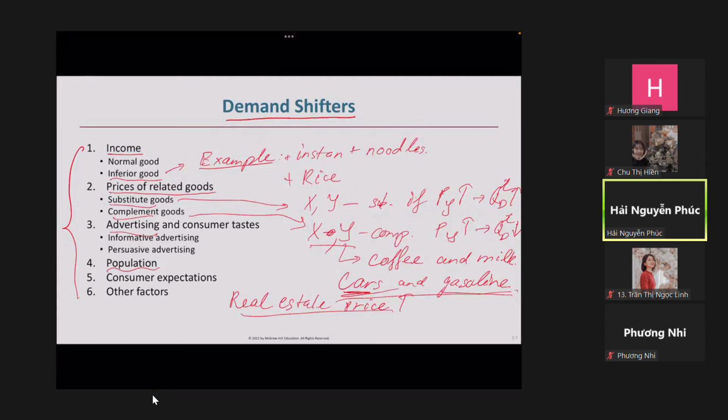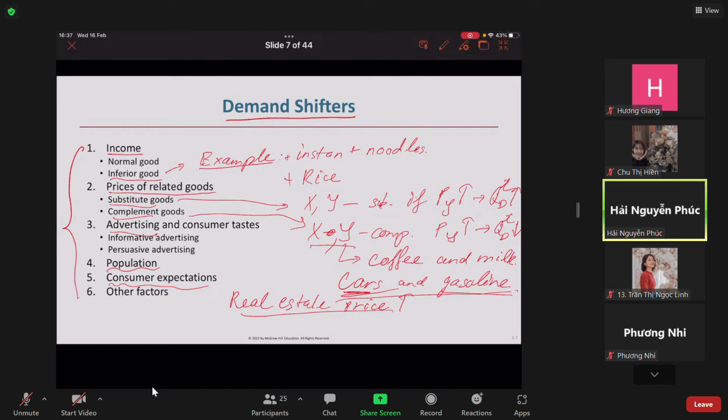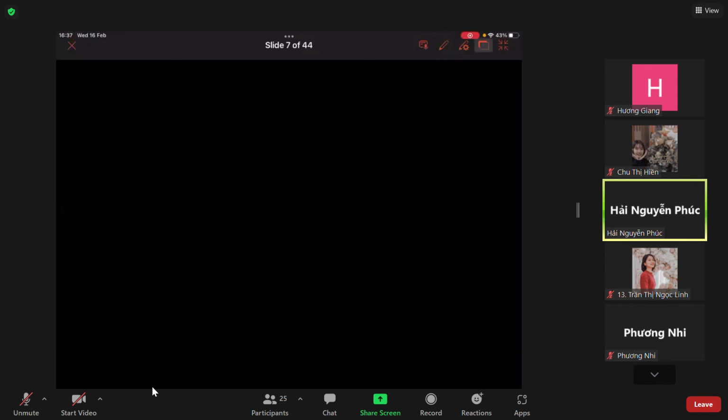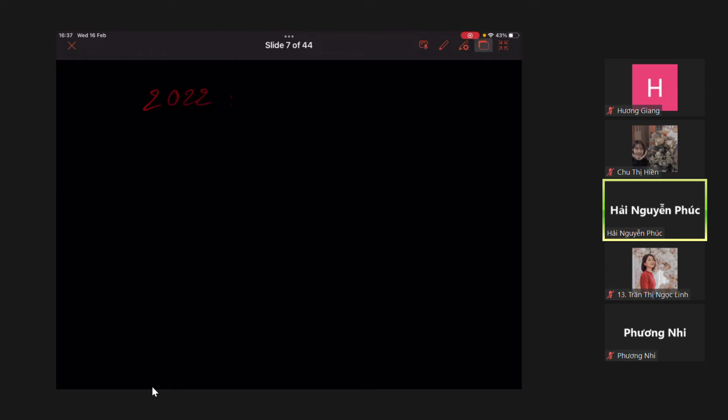The fifth one is the consumer's expectation. Let's take an example. Suppose in the year of 2022, the Vietnamese people expect that their income will increase. Right?